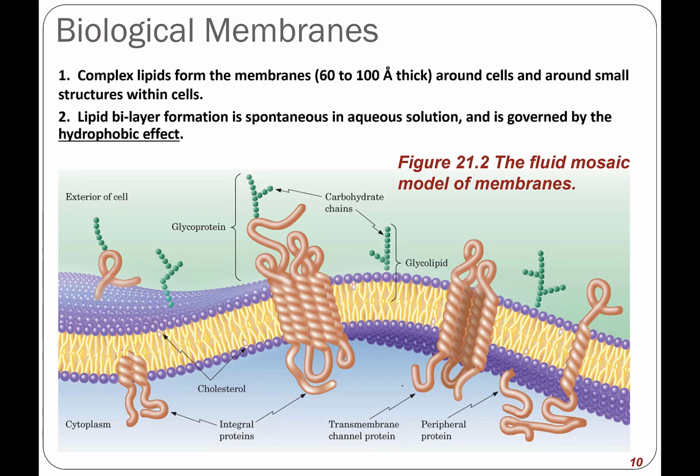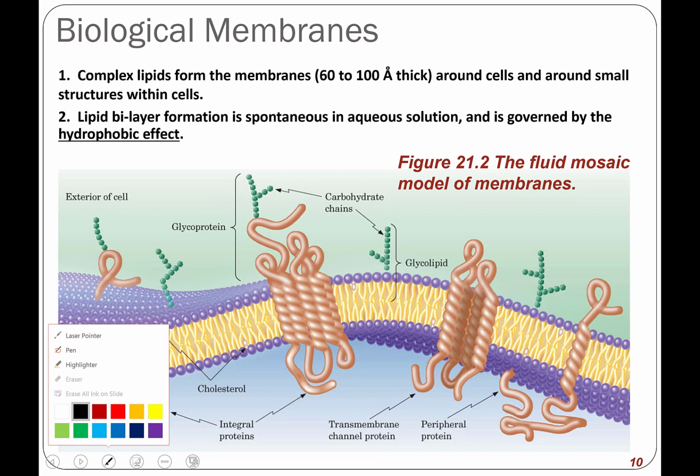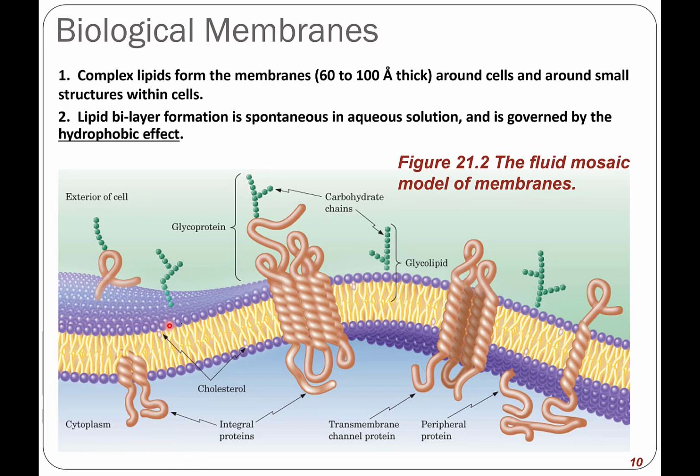If I were to try to take, let me get a laser pointer, one of these phospholipids, and actually flip-flop it to the other side, I couldn't do that, or I should say that wouldn't happen spontaneously, because remember, the interior region here is very nonpolar.